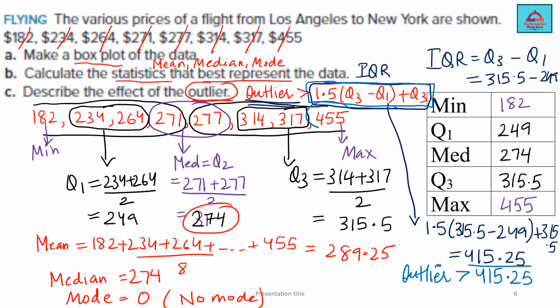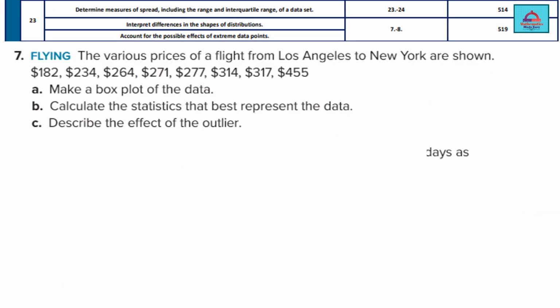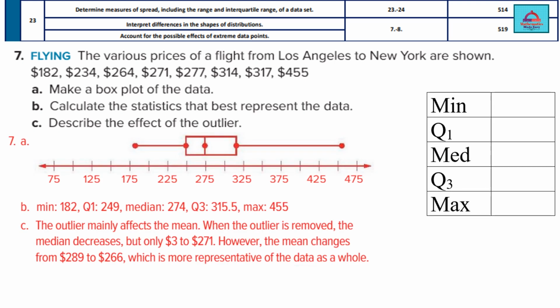There is only one number which is more, which is 455. So the outlier here is 455. Now let's see what effect the outlier has on the mean, median, mode in the next slide.